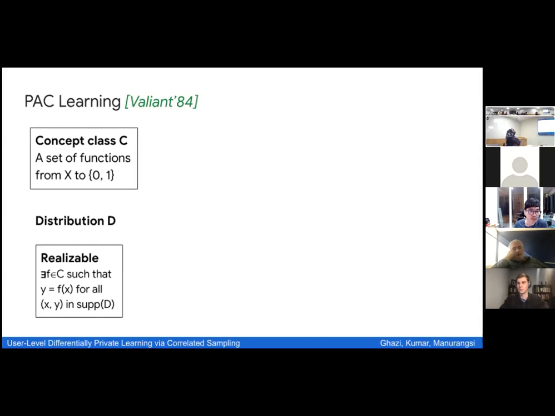And here we assume that the distribution D is realizable, which means that there exists a function f from the concept class C, which again is unknown, such that for all (x, y) in the support of D, y equals f(x). So there is a function f that completely realizes the distribution D.